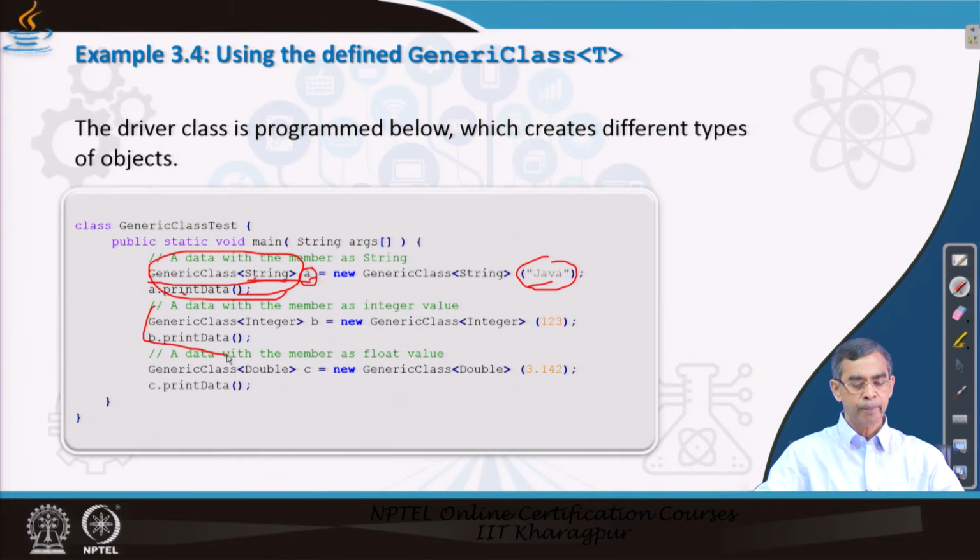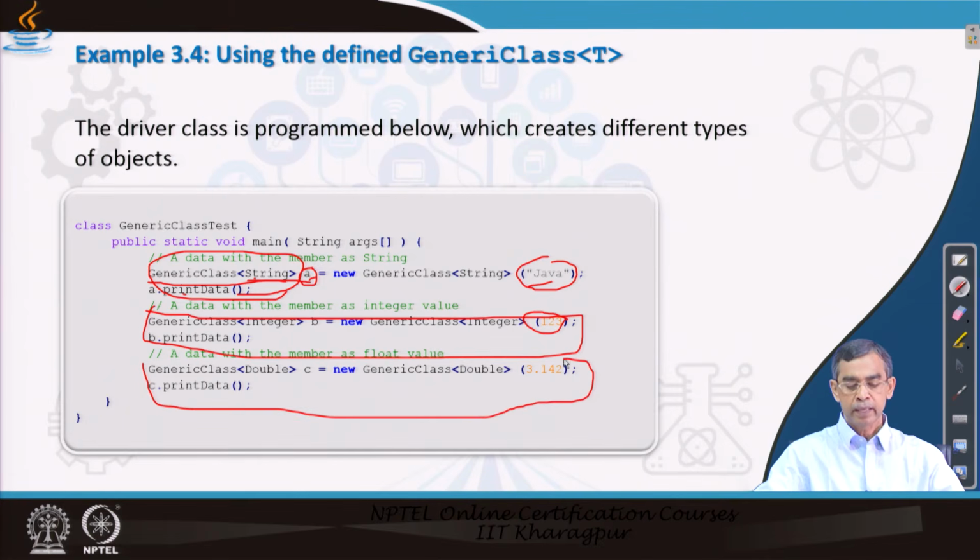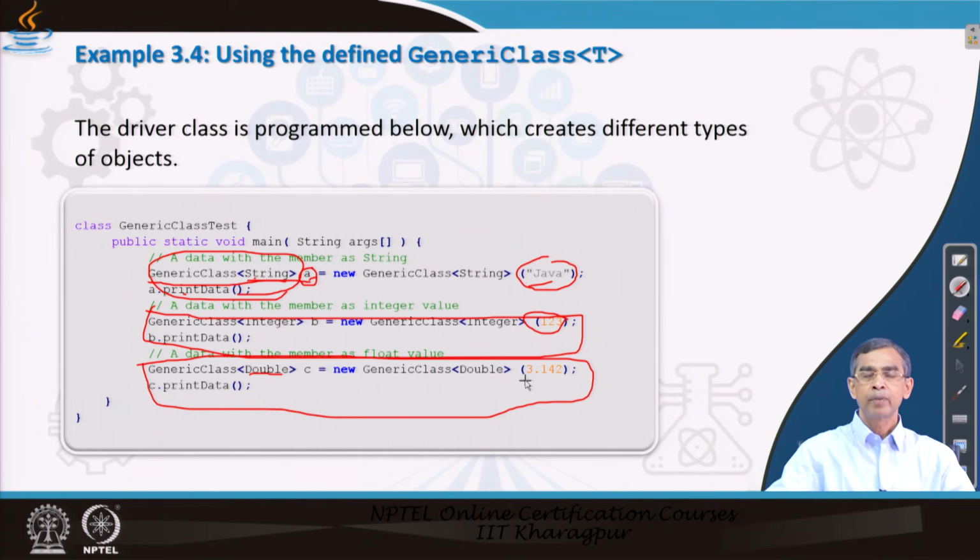In the next one, in this example, it does the same thing, but for numeric values. In the third one, again we repeat it, we create an object of the generic class, but for floating point values. So what we can see is that we declare one class as generic, and whenever we create objects of that class, any operation in it can be called for that type.